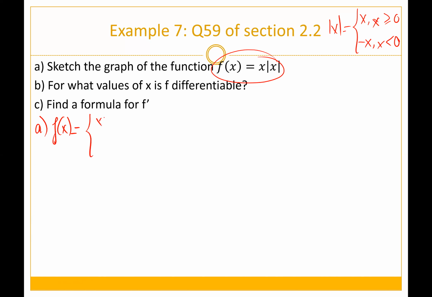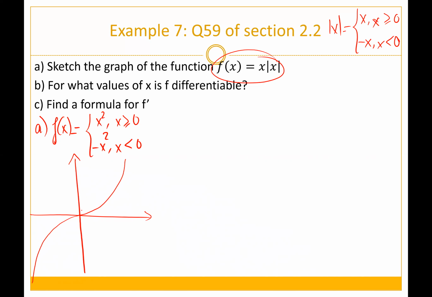It's going to be x squared if x is greater than or equal to 0, or negative x squared if x is smaller than 0. So how the graph is going to look is that when x is bigger than 0, on the right of the y-axis, you have this graph, and when x is smaller than 0, it's going to have this kind of graph. So this is your f(x).